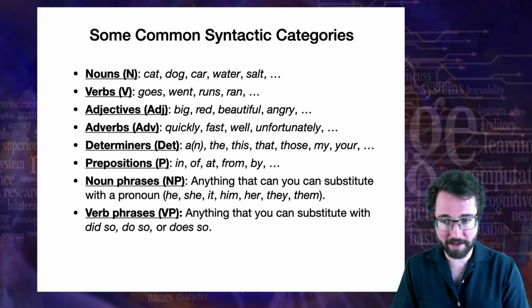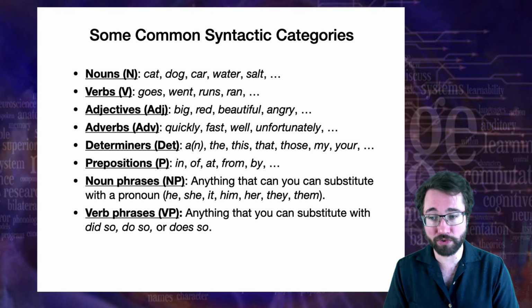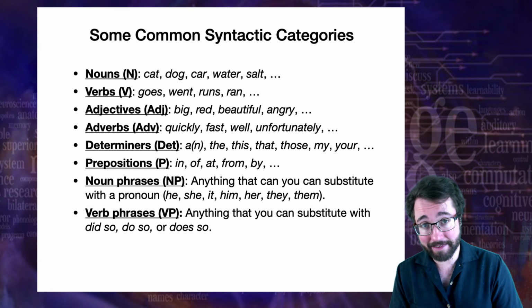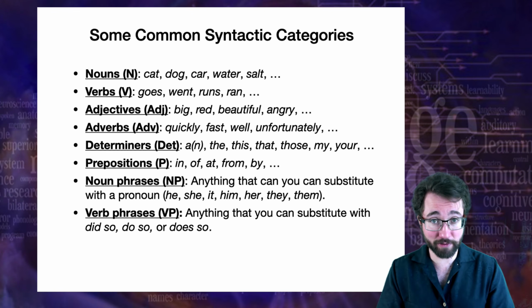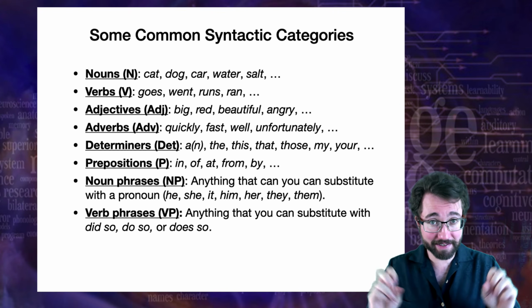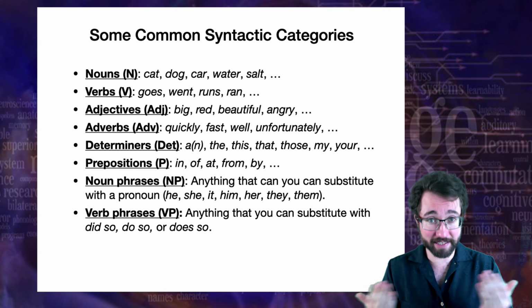Verb phrases are anything that you can substitute with the phrase did so, or do so, or does so. So if I say the dog saw the cat, saw the cat is a verb phrase. And the way you can tell is that you can drop in did so instead of saw the cat. So the dog saw the cat, drop in did so instead, you get the dog did so.